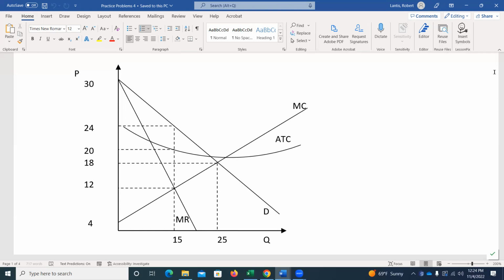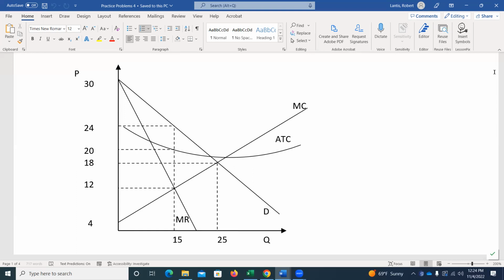Right? So we've got this profit equation. All I need to do, I've got that quantity of 15, the price is 24. I only need to find out what my average total cost is at that quantity. Would it be 20? Because that's where it intersects. Yep. So at this quantity, where are we at on the average total cost curve? 20. Right?